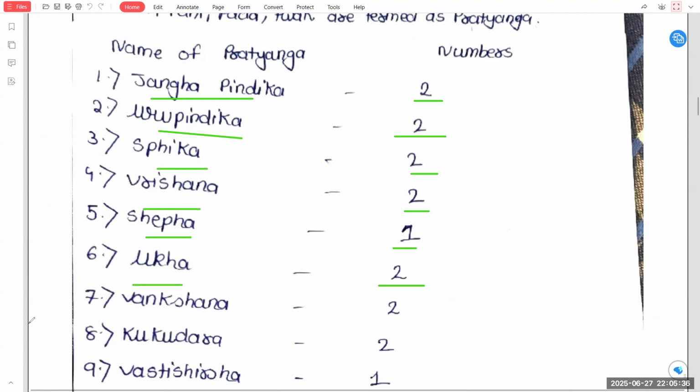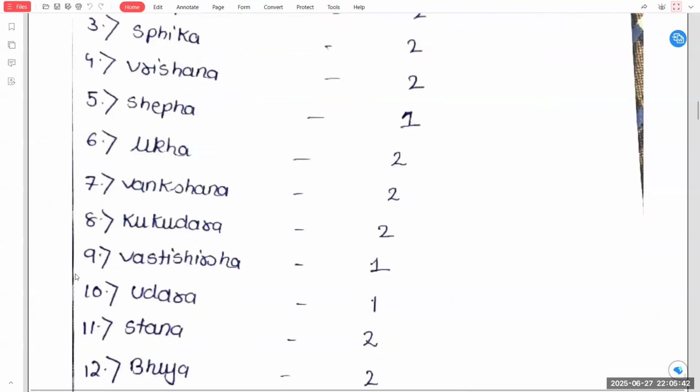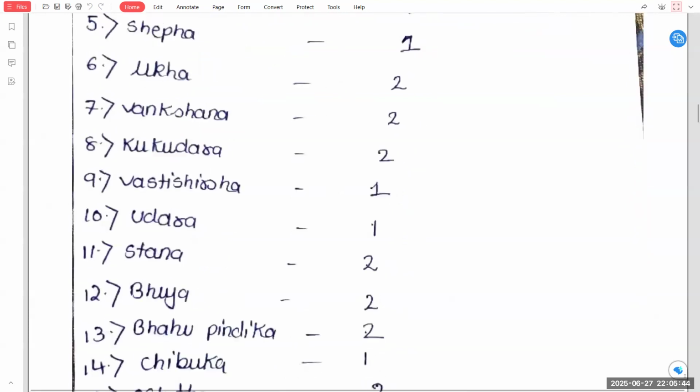Ukha is basically the clavicular fossa. Then next is Vangshana, which is again 2 in number. Kukundar Marma is again 2 in number. Vasti Shirsha, the top of the bladder, is 1 in number because obviously Basti is 1. Udar is again 1.